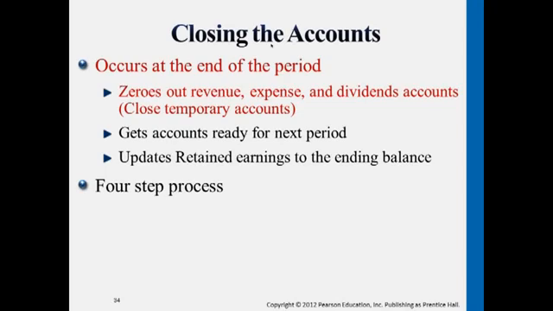So remember that on Monday when we did the worksheet, I briefly mentioned that the retained earnings account is the only account on the worksheet that you will see that doesn't have the up-to-date balance. Okay, all the other accounts, cash, accounts receivable, accounts payable, on the worksheet you have all the latest information. Only retained earnings is the account that we haven't actually updated in the worksheet, because what goes into this account is all the revenues and expenses information.